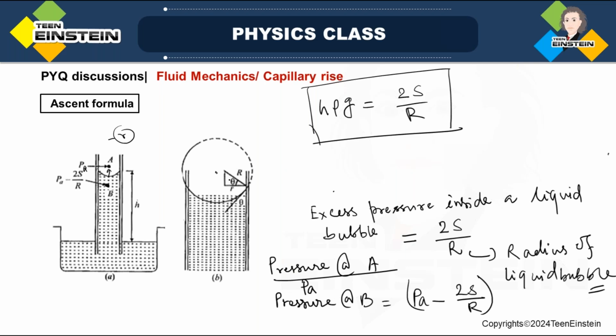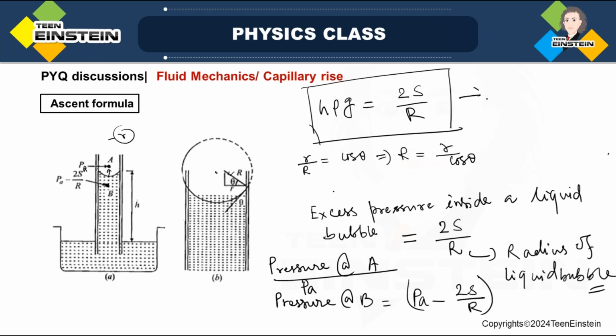This is a right angle triangle, where this is the hypotenuse, this is vertical and this is your base. So base by hypotenuse will be cos theta. Capital R will be r by cos theta.